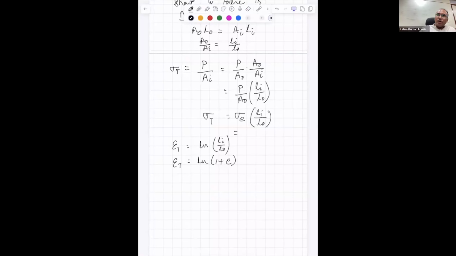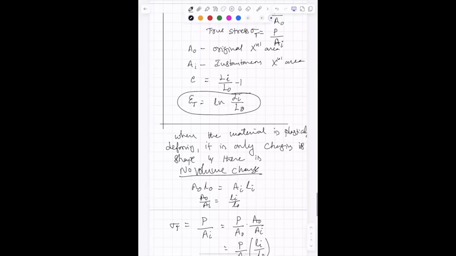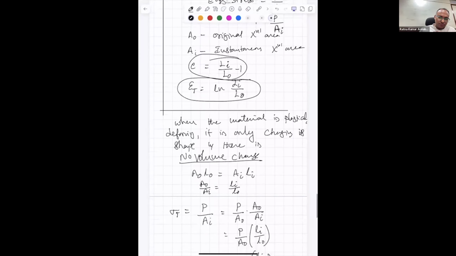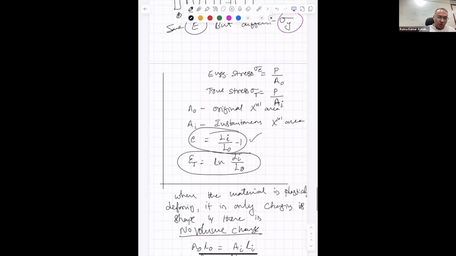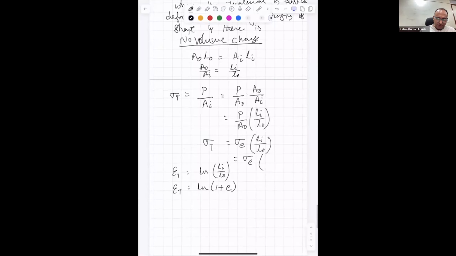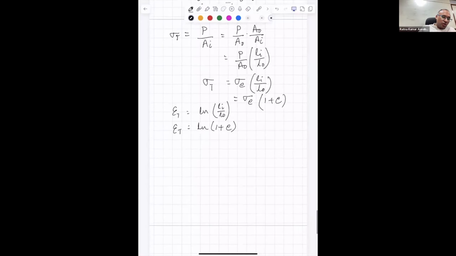So this Li by L0, can I write as 1 plus e, where e is engineering strain. So now you have these two relations. That means your true stress is equal to sigma E times 1 plus e, that is the relation between engineering and true components. True strain is natural log of 1 plus e. Okay.